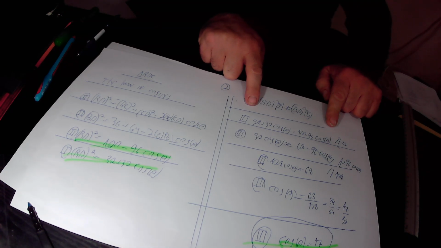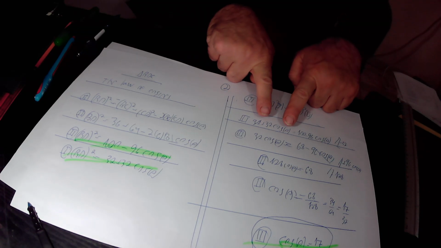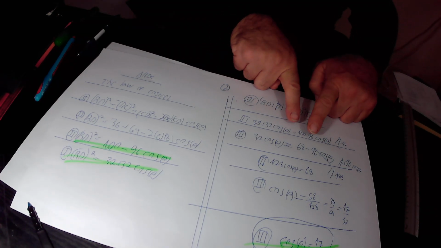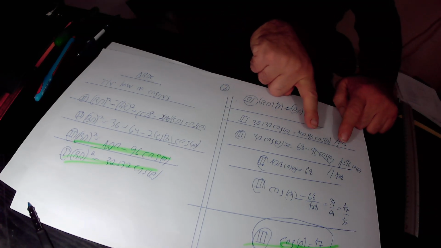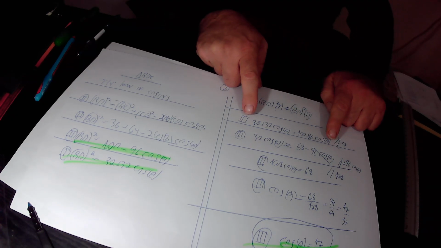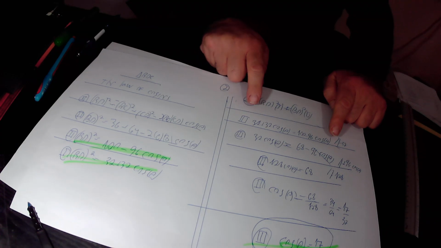Here we subtract 32 from both sides of equation 3. The 32 cancels on the left, leaving only 32 times cosine theta on that side, while on the other side we have 100 minus 32, that is 68, minus 96 times cosine theta. So 32 times cosine theta equals 68 minus 96 times cosine theta.